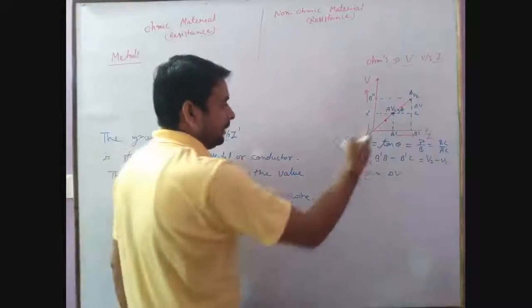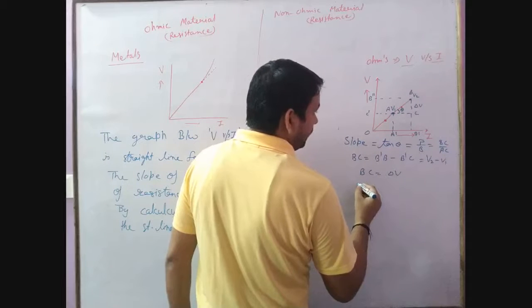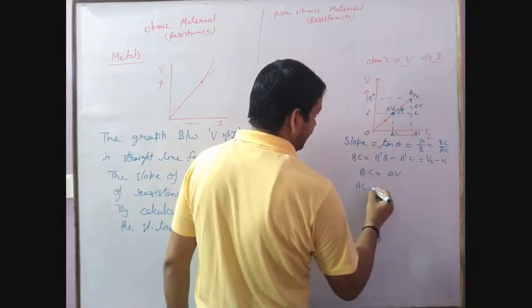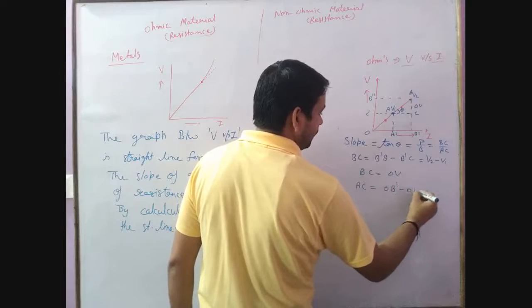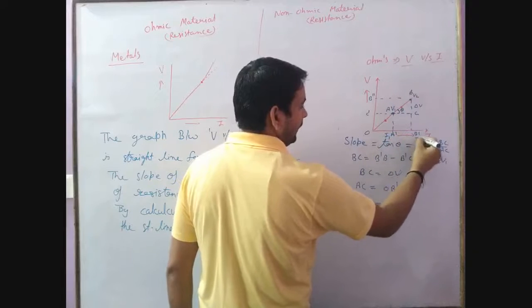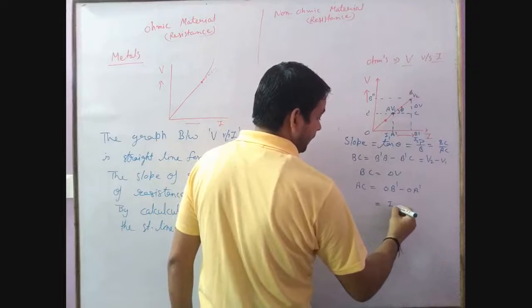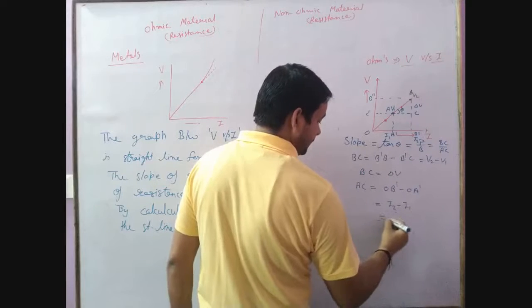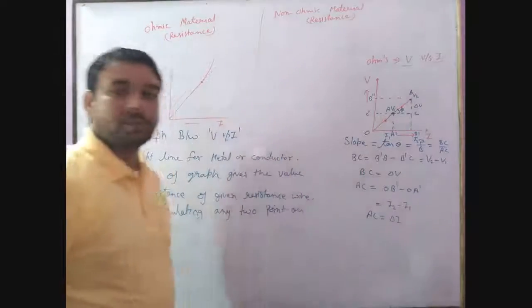Similarly, you can calculate the value of AC, which is equal to OB1 minus OA. Here is current I1 and here is current I2, then you calculate I2 minus I1, which is equal to del I. This is the value of AC.